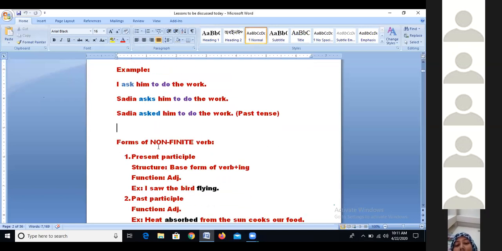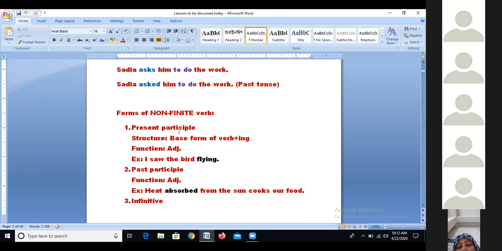Now come to the forms of non-finite verb. You may question me after seeing all these three examples, that the non-finite verb, should non-finite verb always start with to? No, it is only one of the forms of non-finite. Non-finite verb has got several forms.